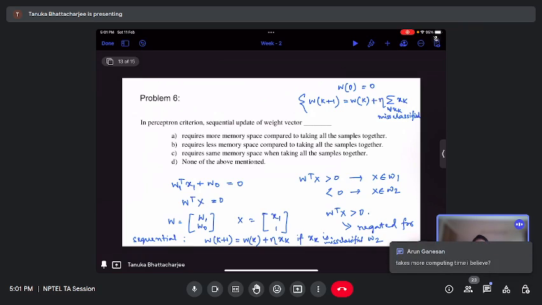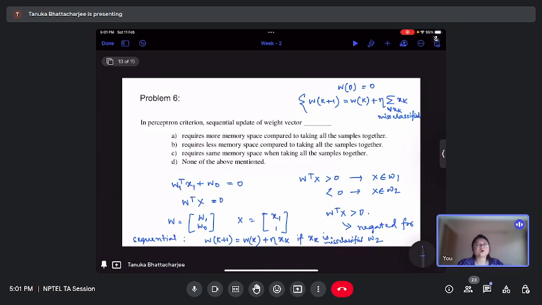In this perceptron criteria, the saving in computation time will not be much, because you need to classify all the samples anyway in both cases, whether you do sequential or overall update.